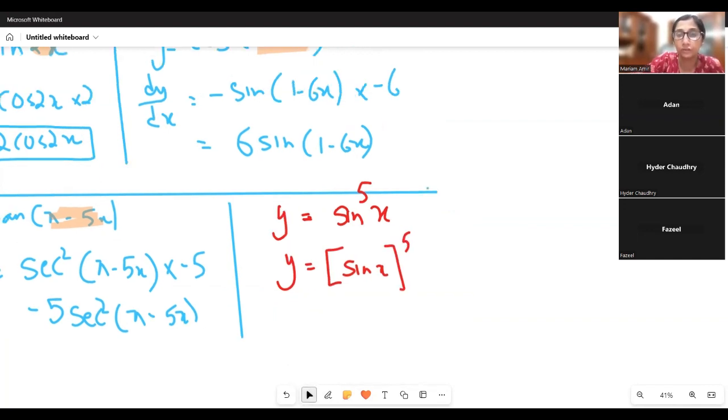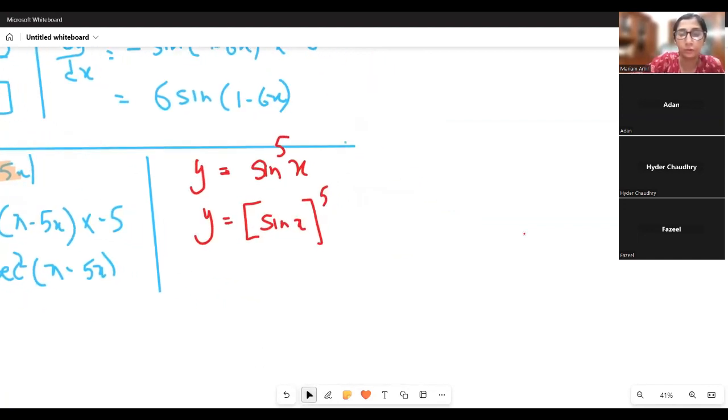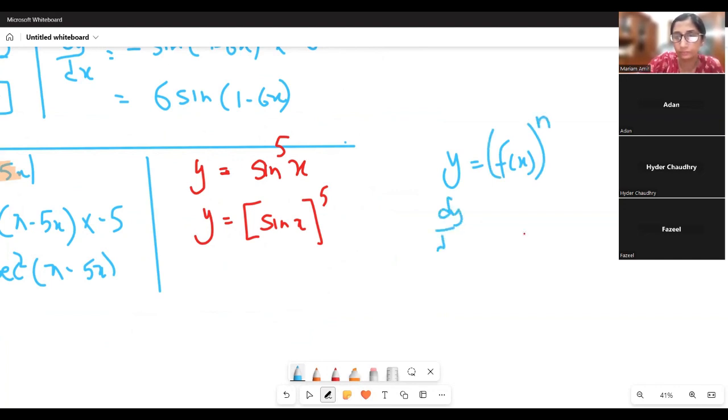So the first rule that we're going to apply is y equals f(x) power n, the derivative of which is n f(x) power n minus 1 times f prime x, the derivative of f(x). So then what should be the answer in this case?